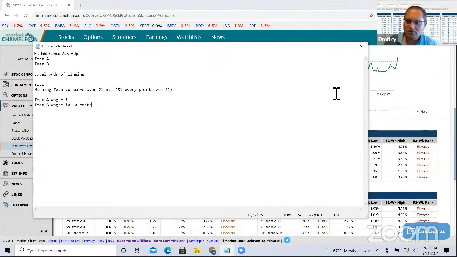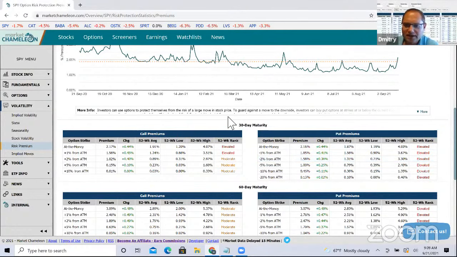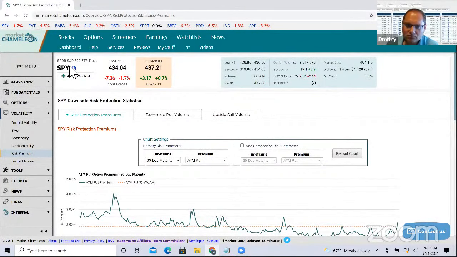Okay. Why I use SPY is that with the market, nobody really knows, right? SPY is the S&P 500. The idea is that nobody really knows if the market's going to go up or down, because there's too much information, too many different players involved, a lot going on there. So the idea is it's an equal chance of going up or down at any moment.